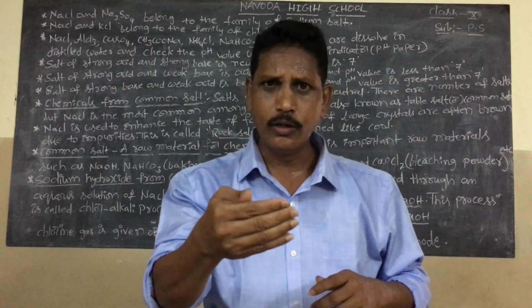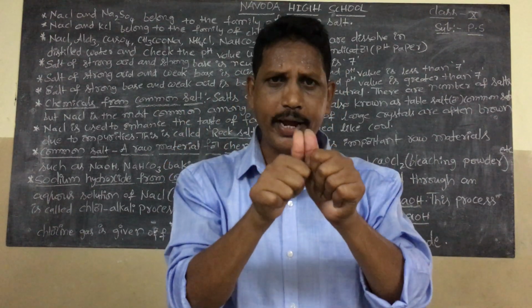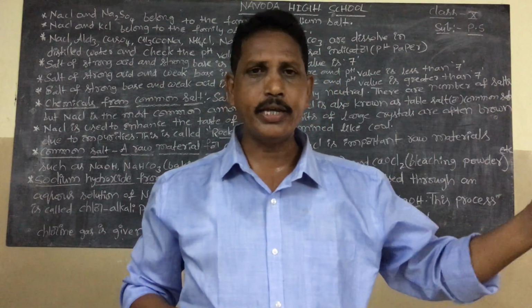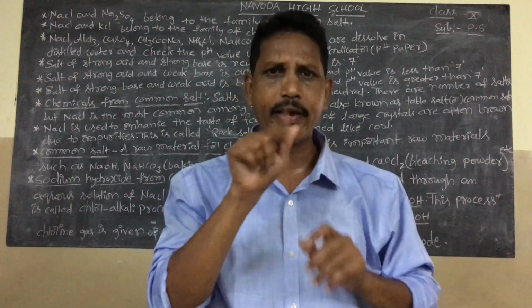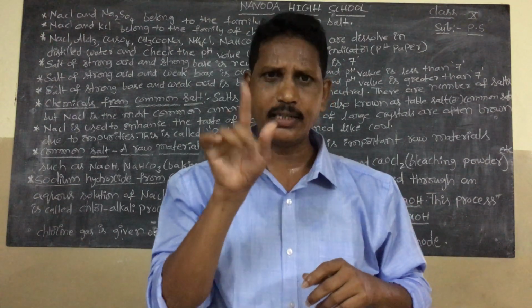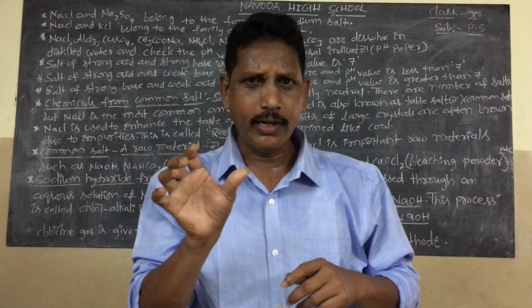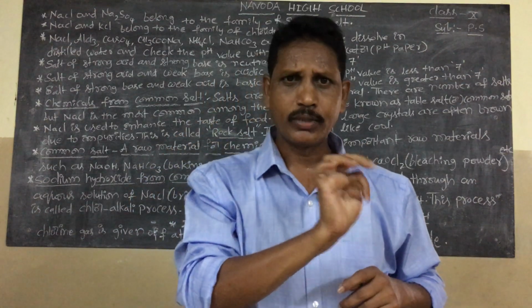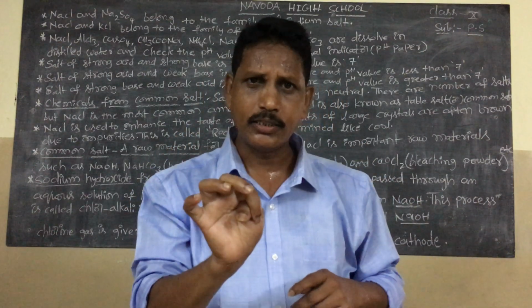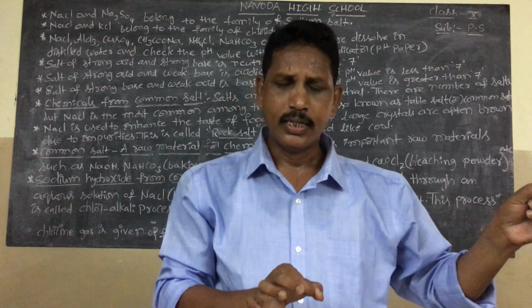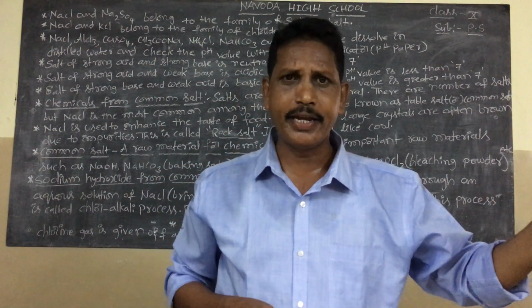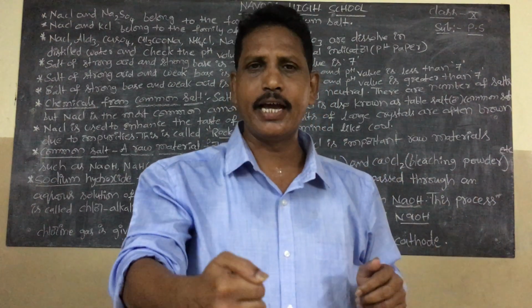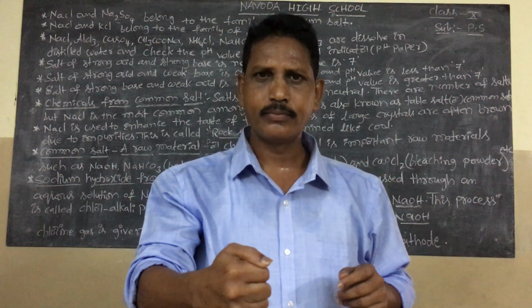In the above example, a strong acid reacts with a strong base to form salt. This salt is electrically neutral, and the pH value of this salt is exactly 7. Here, a strong acid reacts with a weak base to form salt. The pH value of this salt is less than 7, so it is acidic in nature.